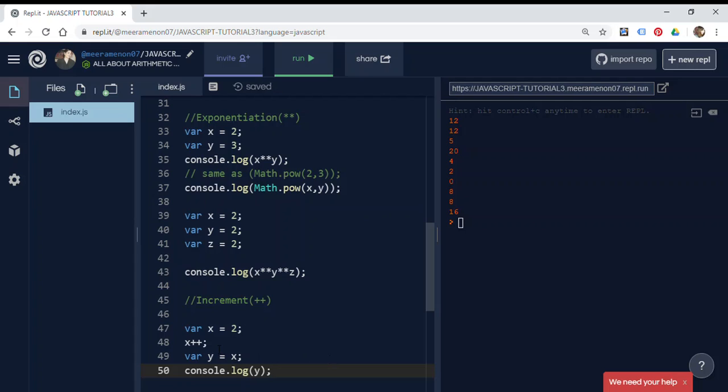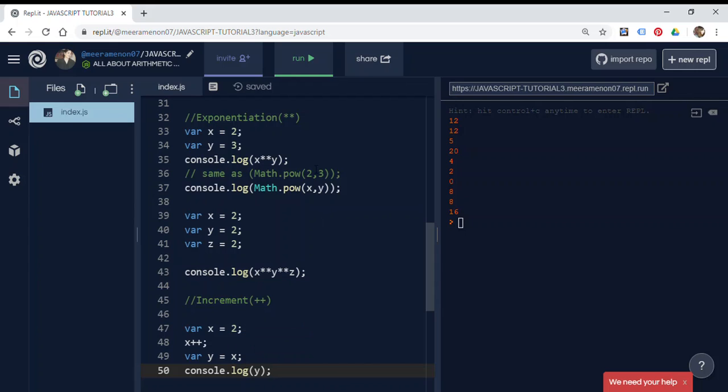So what this is trying to say is, we are incrementing the value of x by x plus plus, and variable y is taking on the value of x after the increment, and then we are calling the log for value of y, which is going to be the increment value of x.